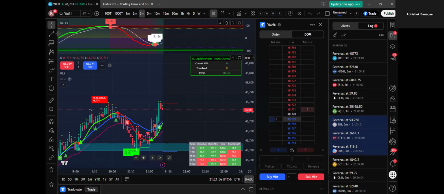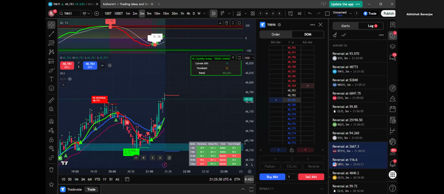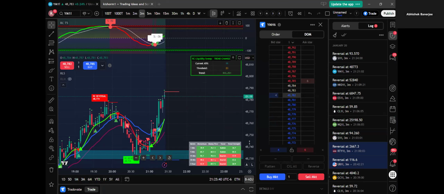I already have tag and turn, so I'm just thinking, is it anything else? Basically, you can hold the trades. Tag and turn is good on 30 minutes, whereas this one is good for your 3 minutes, 5 minutes, for prop firms where you can hold the trades for a much longer duration.